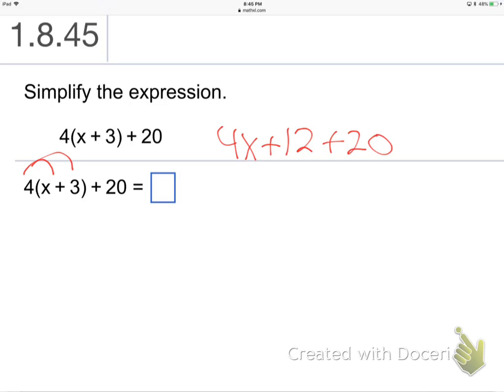We good so far? The 4 goes to the x and goes to the 3. And that's 4x plus 32. And we're done. That good? Easy.